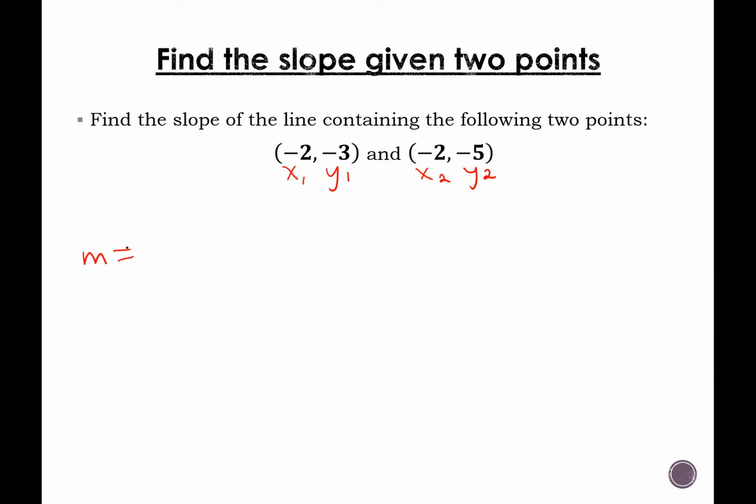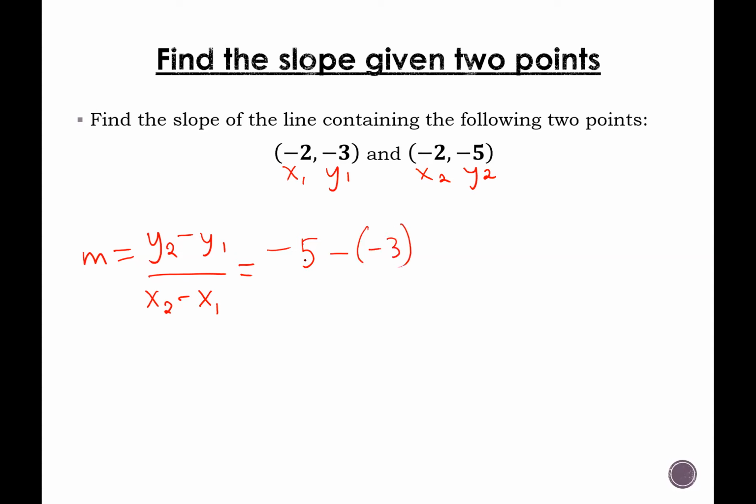So m equals y2 minus y1 over x2 minus x1. Based on our labeling up here, we're going to carefully plug in. Now pay attention to all the different negatives and the minus signs in the formula. Be careful. Okay, so y2, that's -5, minus, and then y1 is -3.